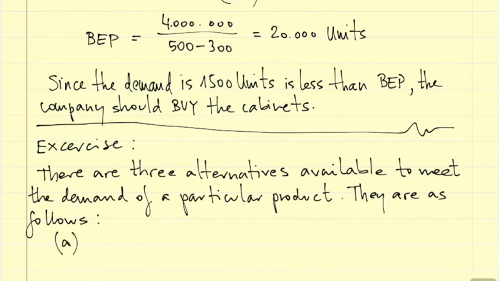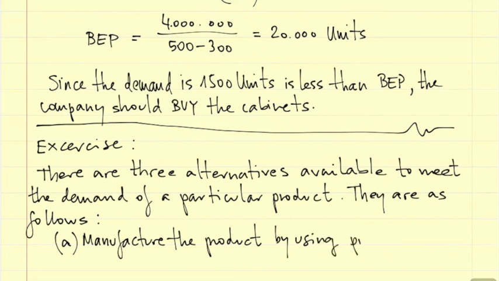A, manufacture the product by using process A. B, manufacture the product by using process B. Or C, buying the product.